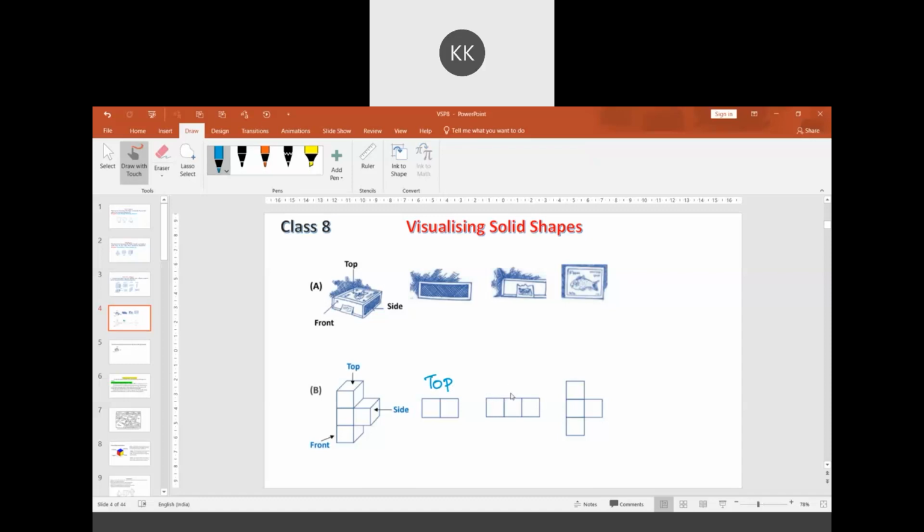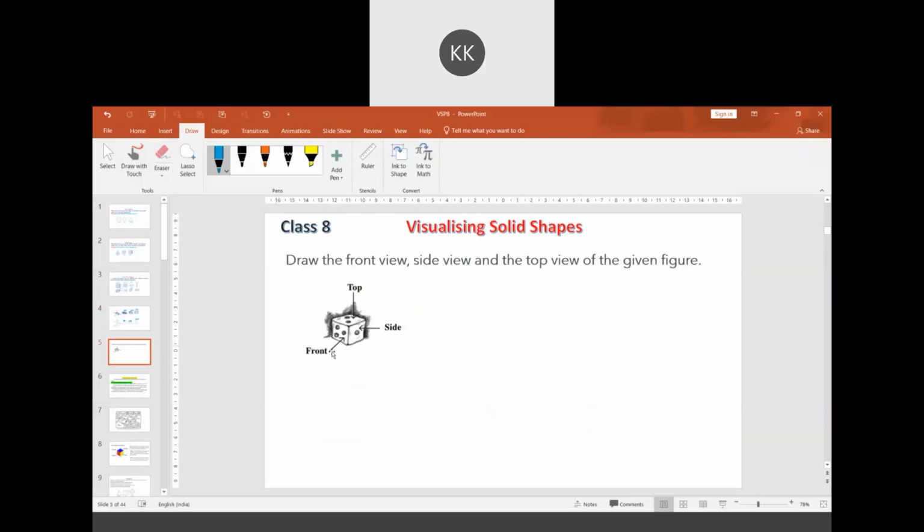This particular thing is the side view. From the side, it looks like three cubes. This one is the front view. So this is the top view, this is the front view, and this is the side view. Like this, we can identify.